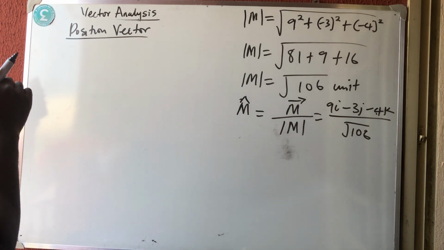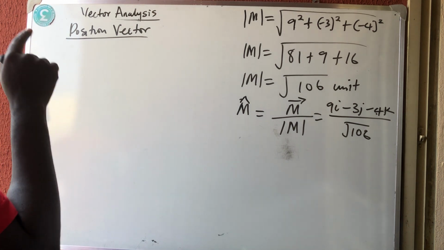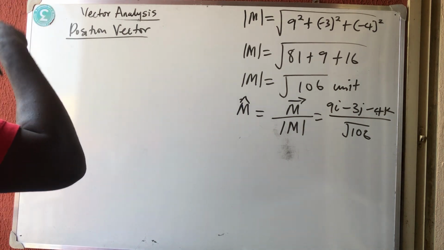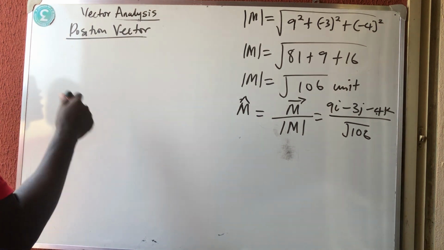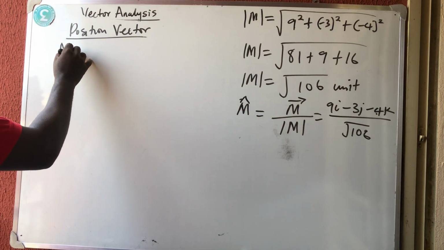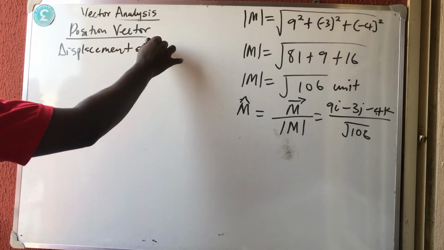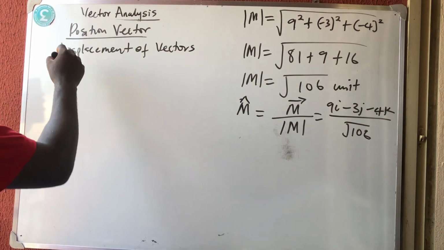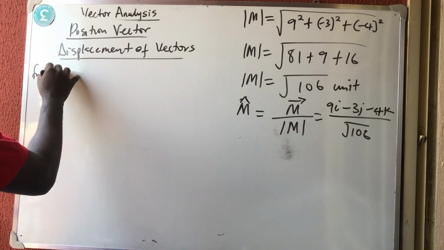Just know that the position of a vector is the point, the displacement between that vector and the origin, that is 0. Okay, but from there, let me show you how to get displacement of vectors.